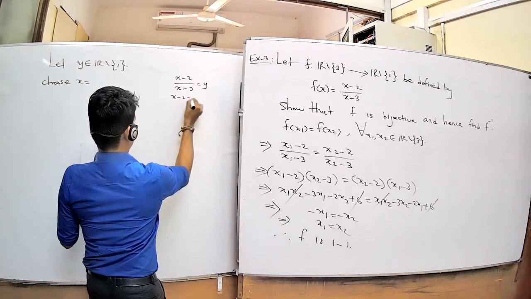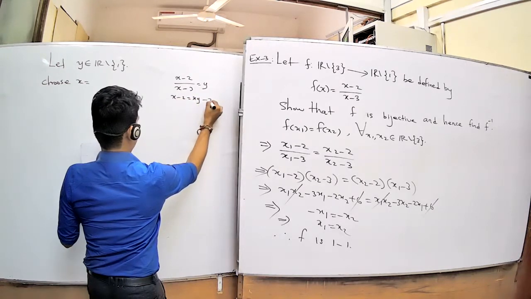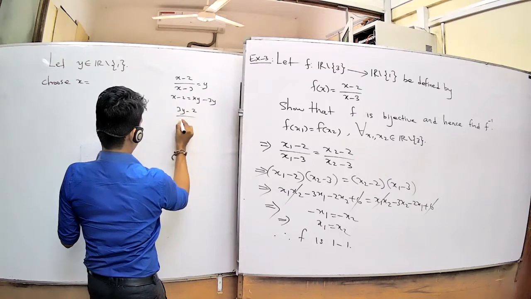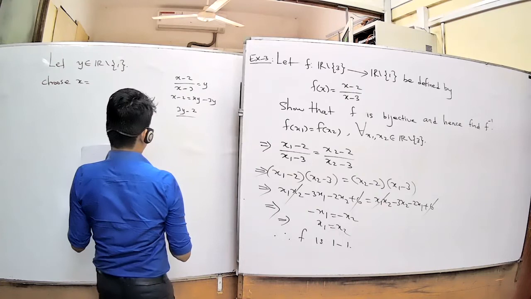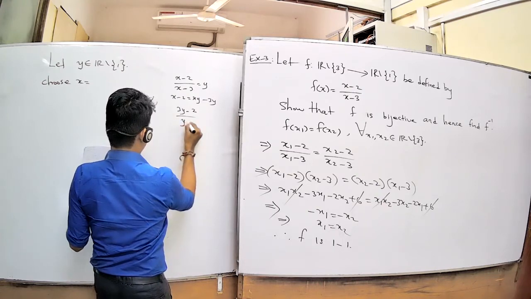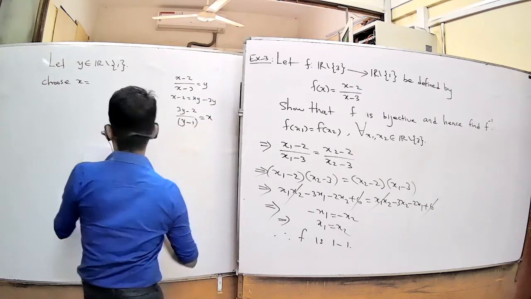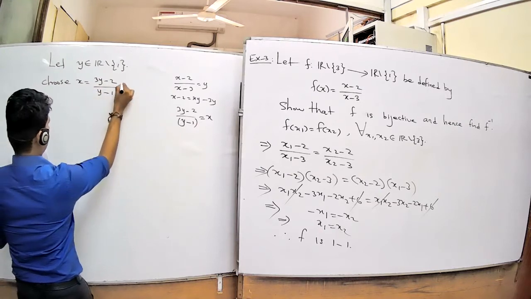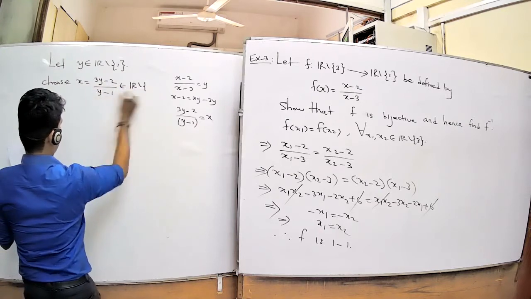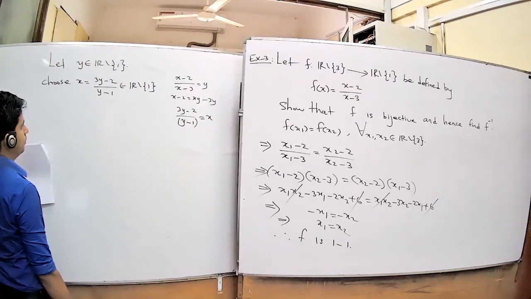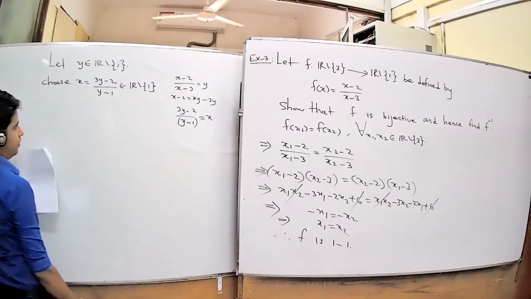Now x minus 2 equals xy minus 3y. Then you get 3y minus 2 over y minus 1 equals your x. Now choose x equal to this value, (3y minus 2) over (y minus 1). This will also belong to R minus {1}.